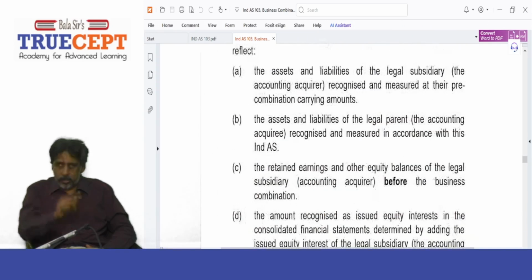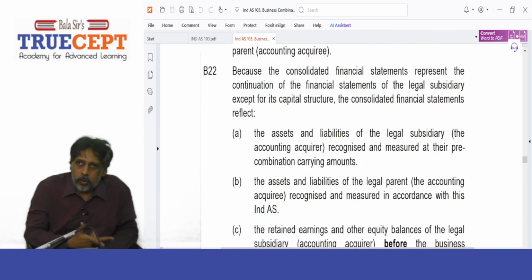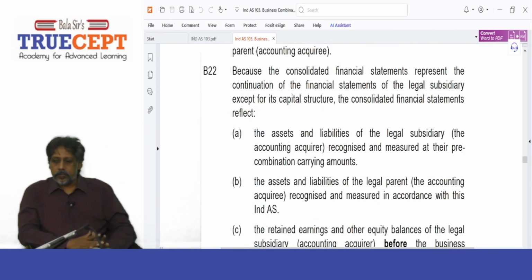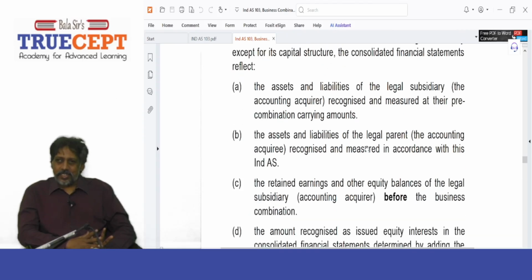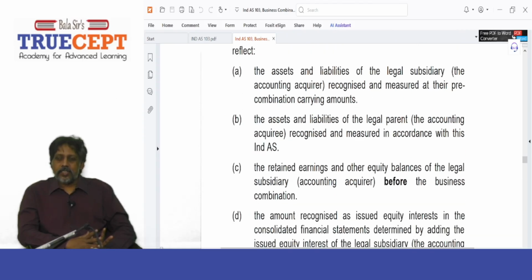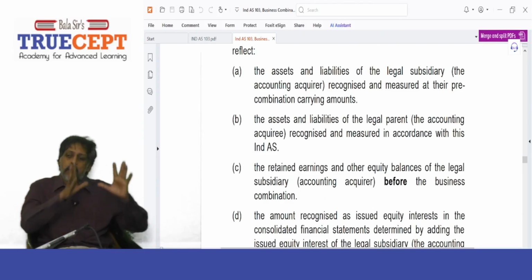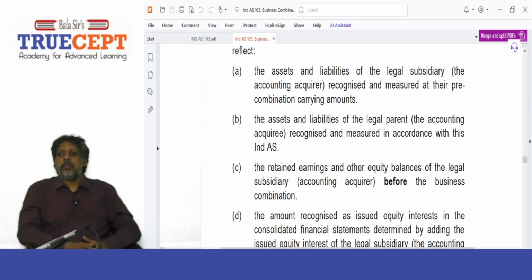Then go to B22. How to consolidate the balance sheet now on acquisition date? Because the consolidated financial statements represent the continuation of the financial statements of the legal subsidiary, nothing but B Limited, except for its capital structure, the consolidated financial statements reflect the assets and liabilities of the legal subsidiary, which is B Limited, recognized and measured at their pre-combination carrying amounts.